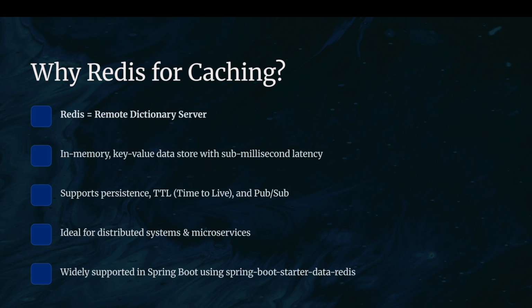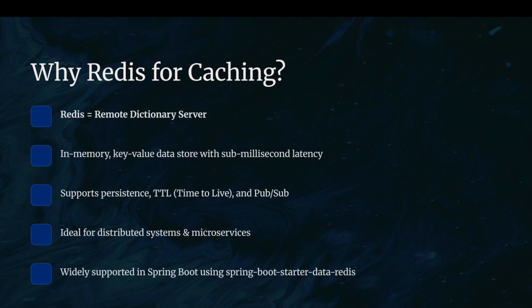So why do we need Redis cache? Redis is nothing but Remote Dictionary Server. It is an in-memory key-value data store with sub-millisecond latency. It supports persistence. It has TTL, which is time to live, and it is ideal for distributed systems and microservices.